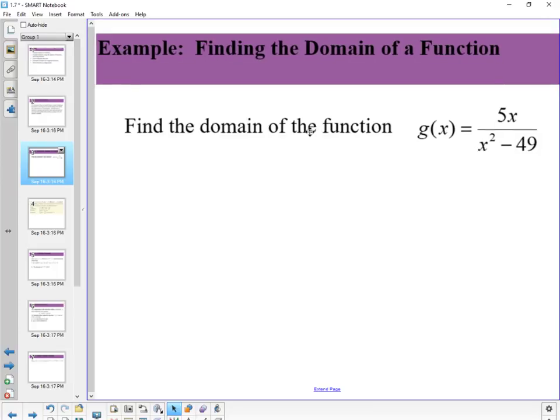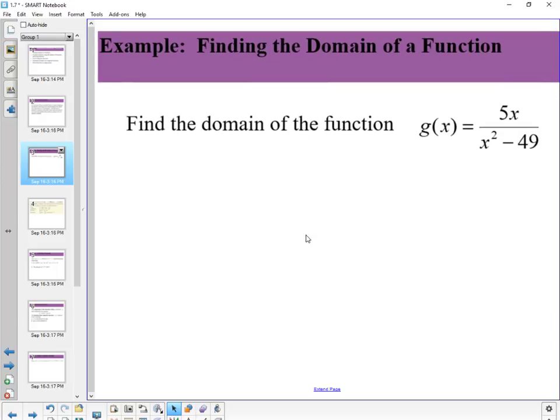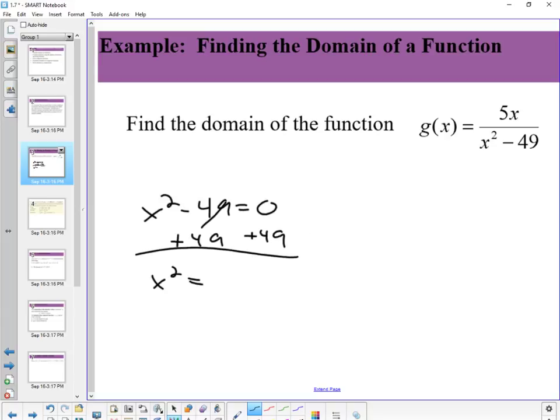We want to find the domain of this bad boy. Now, for starters, there's two things that can't happen, right? So I'm not taking the square root, so I don't have to worry about those imaginaries. But I do have to worry about the denominator being 0, right? Because I can't make it so that that becomes 0. So I'm going to ask math, hey math, when does x squared minus 49 equal 0? And of course, we can go through the process algebraically and figure that x will be plus or minus 7.